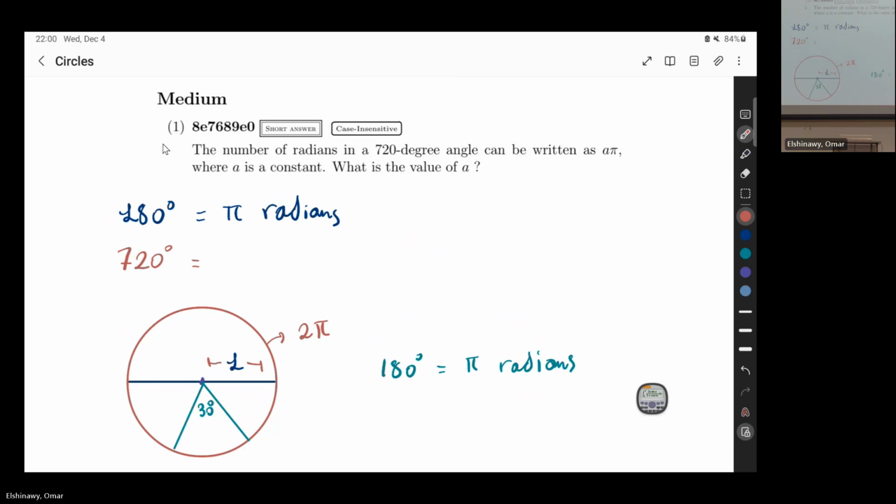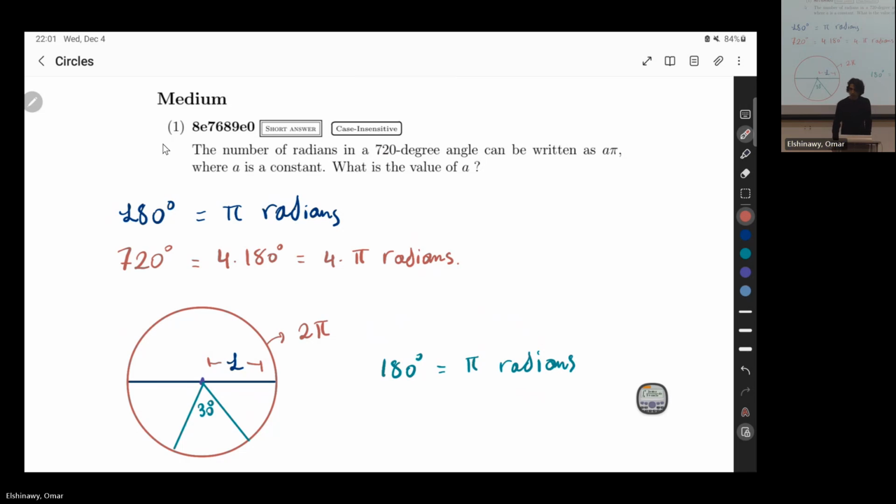Two 360s, twice. So this is 180 how many times? Yeah, 4 times. So it's 4 times 180 degrees, which is on the other hand 4 times pi radians.